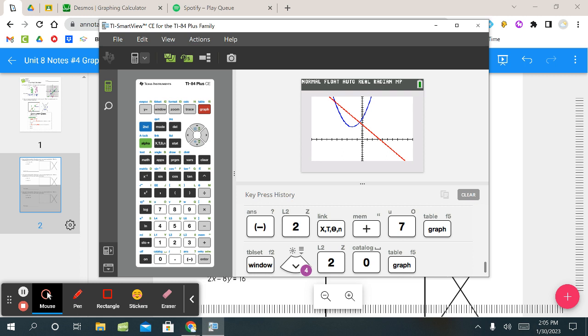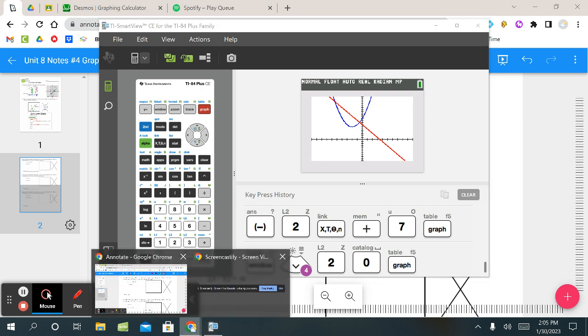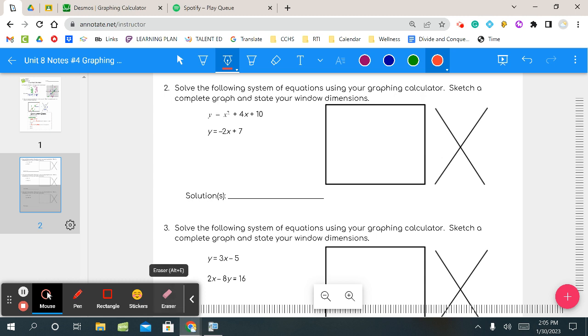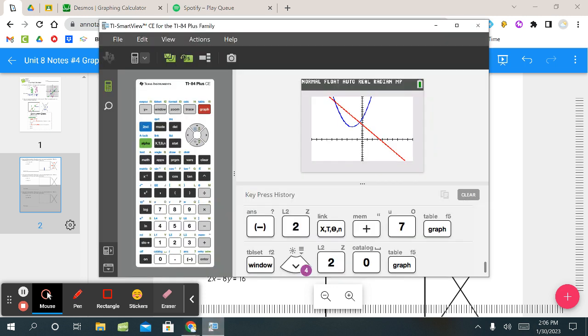So now I'm going to sketch my graph on my paper. Remember, we changed the window. So this y max now needs to be 20. X and y axis, we're going to move this down a little bit since we can see more of our y axis on the top. Draw your lines.